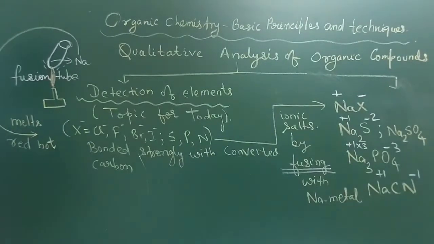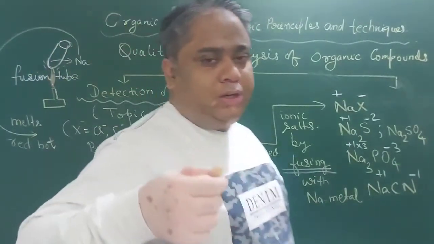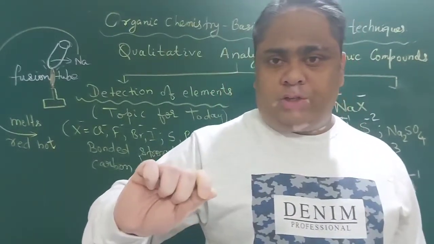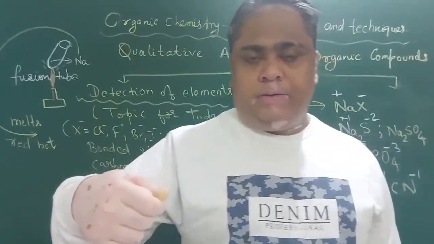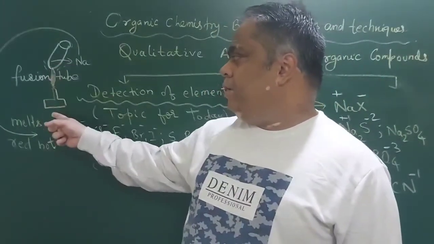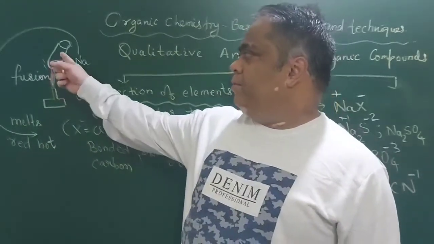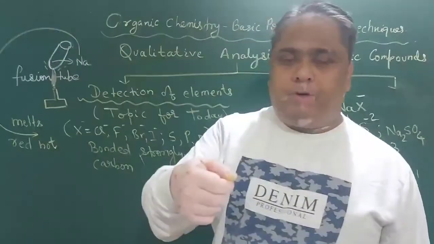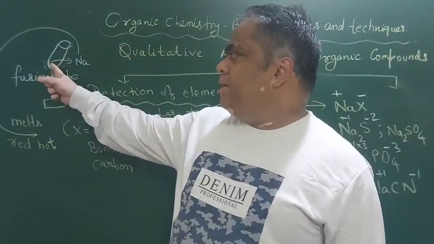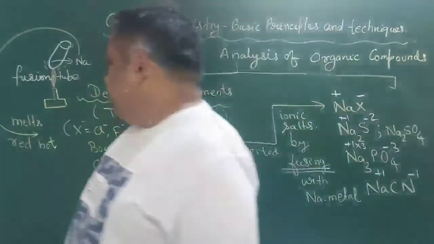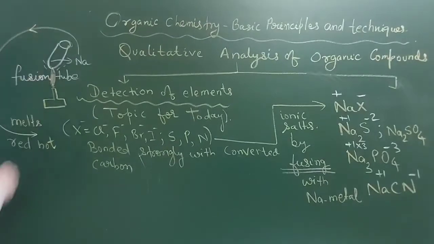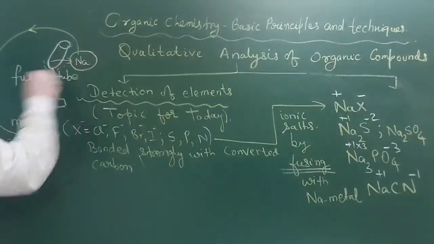At this point, one has to be very careful that the mouth of the fusion tube should be away from your own face and your friend's face also. When you heat a small piece of sodium metal to melt it and make it red hot, you have to take care that the mouth of the fusion tube is not towards anybody's face, because there are chances that sodium metal can spatter out. It happens sometimes. But what we do is we take a very small piece of sodium and we melt it.